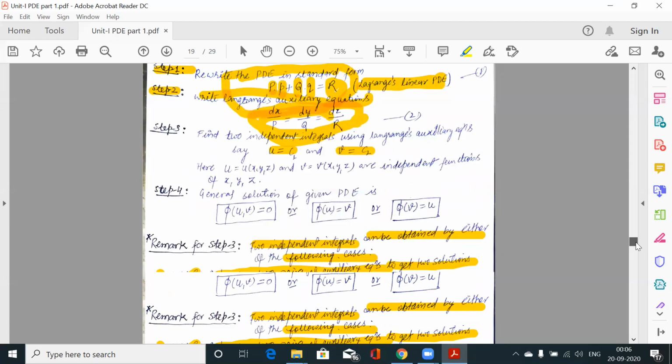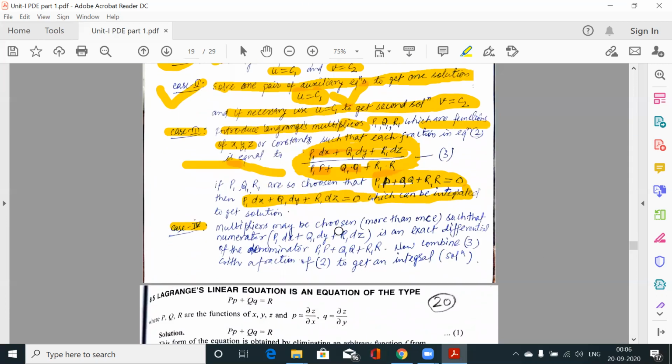Similarly, if we take P1, Q1, R1 such that the numerator is the exact differential of the denominator. For example, d of xy over xy can be integrated.